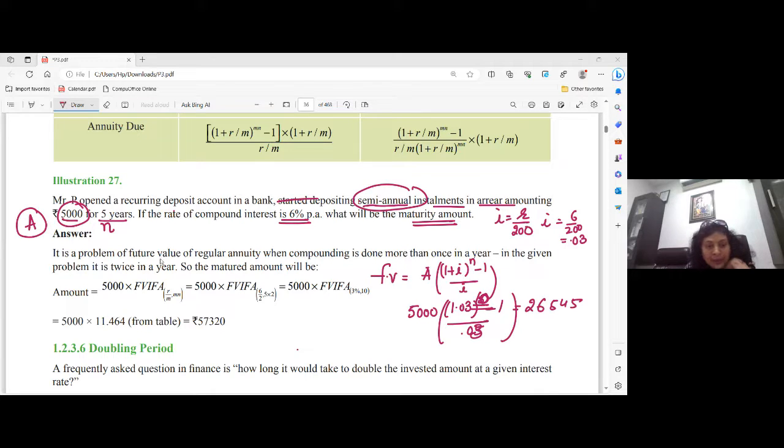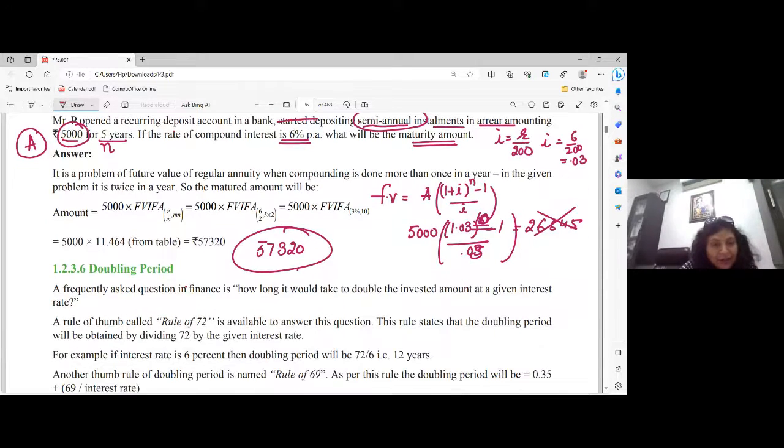So 1.03 power 10, minus 1, divided by 0.03 into 5,000. So your answer is 57320. So our answer is perfectly fine. So this is how you can find out the future value of an annuity.